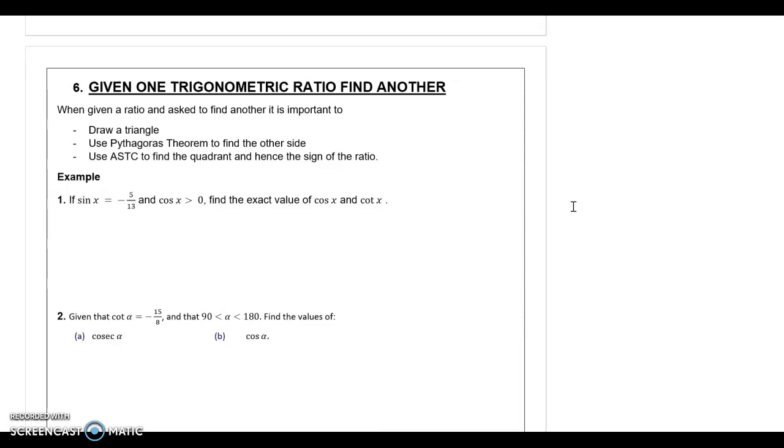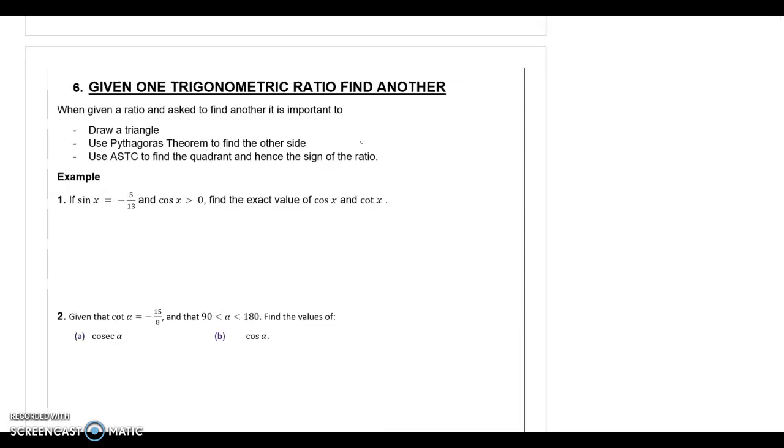Okay, so let's have a look at the little dot points at the top up there. It says, when given a ratio and asked to find another, it is important to: the first one, I think, is extremely important, drawing a triangle. So I want you to always draw that triangle. The second point, using Pythagoras. Often we're only going to have a couple of sides on that triangle known to us.